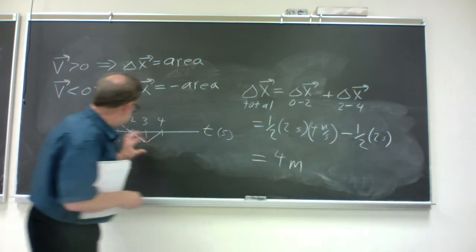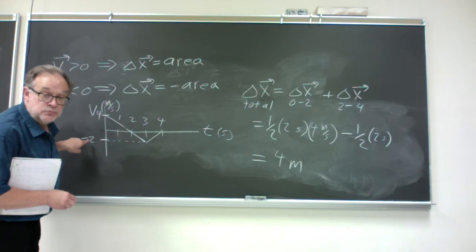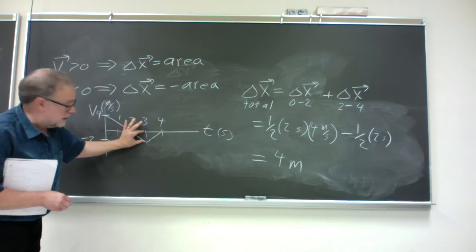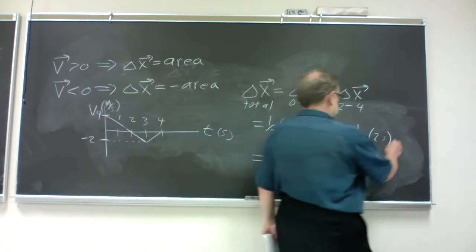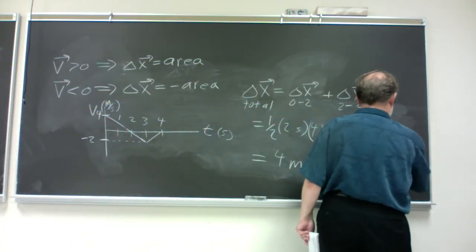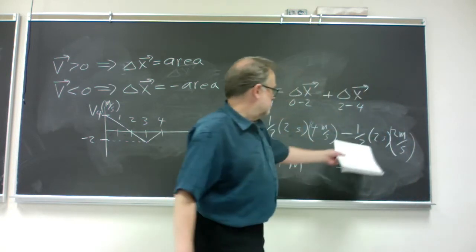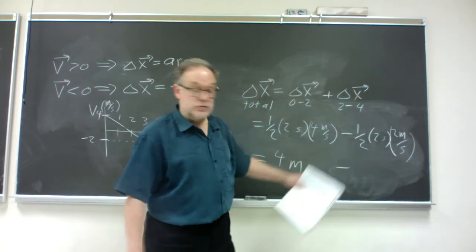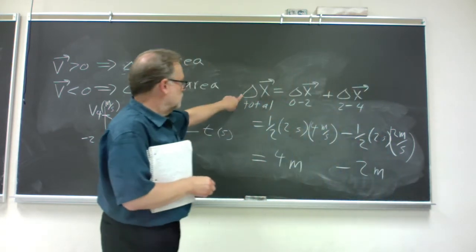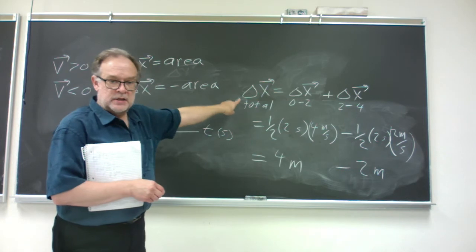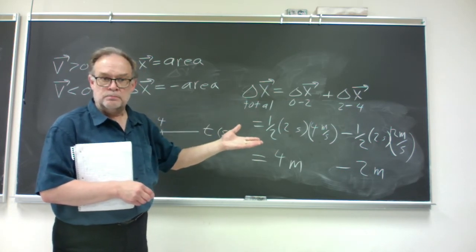And the height is this much, which is just 2 meters per second. And that comes out to just minus 2 meters. So the total displacement from 0 to 4 seconds is just 4 meters minus 2 meters, or 2 meters.